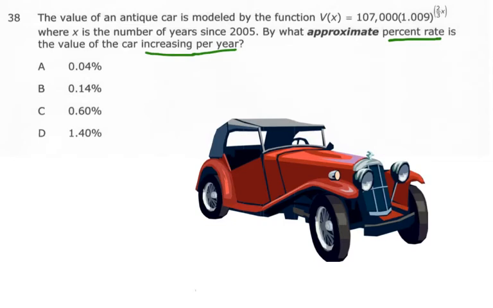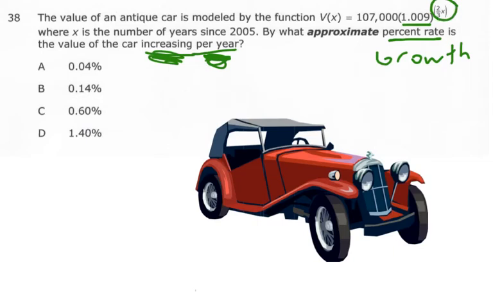Well, I know that this is a growth, and the reason I know it's a growth: number 1, they told me. Number 2, I know that the number in parentheses is greater than 1, and I know it's 0.9%, but this says per year, so I know that only works if it's to the x power.